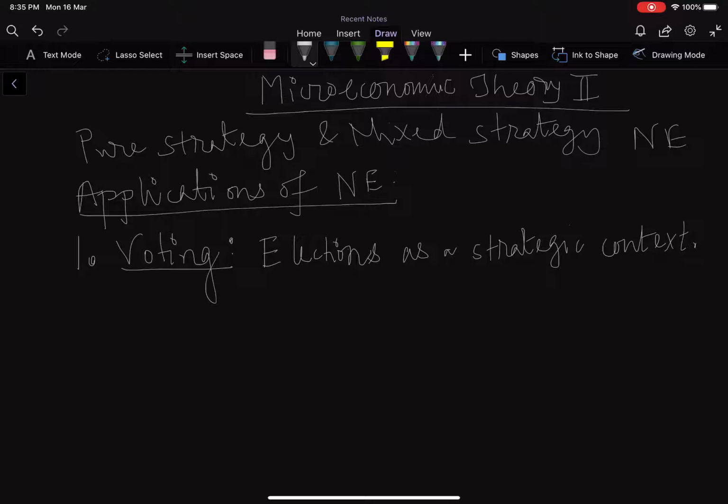And each candidate wants to win elections, so depending on what policies the opponent candidate announces, you may have different best responses, right? So your probability or likelihood of winning an election not just depends on the policy that you are announcing, but also the policies that your opponent is announcing, right?